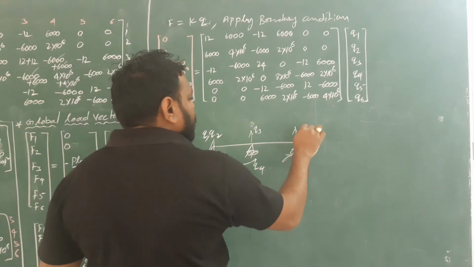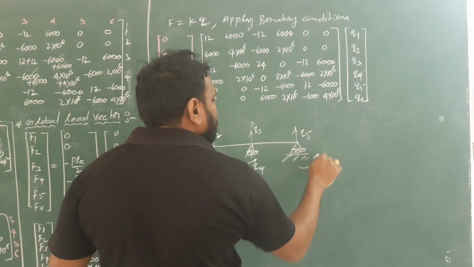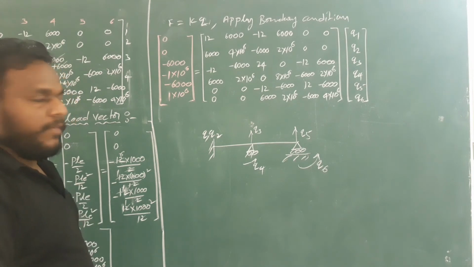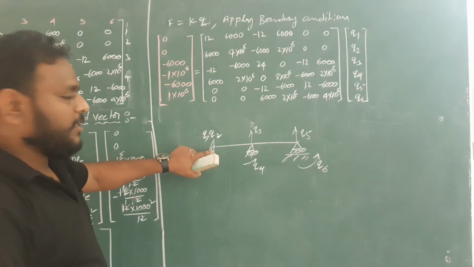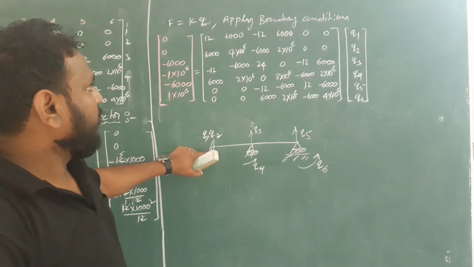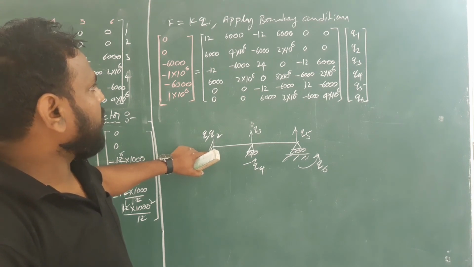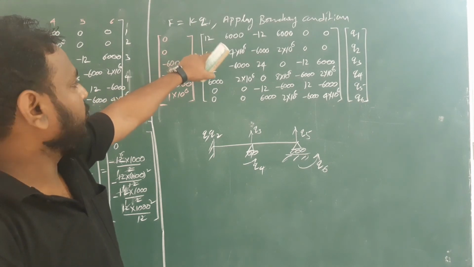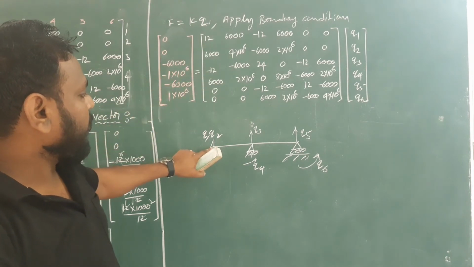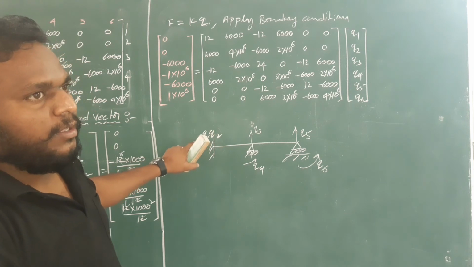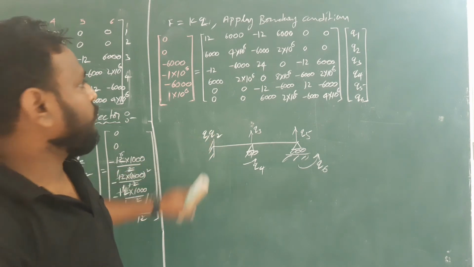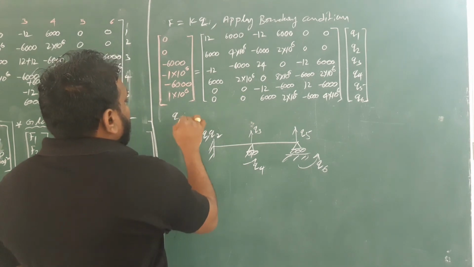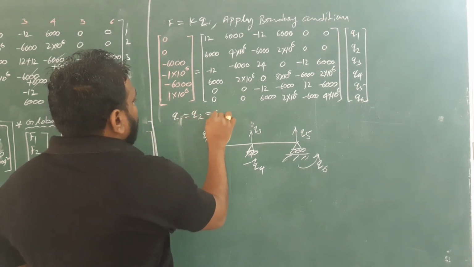Here vertical is Q5 and angular displacement is Q6, okay. There is no displacement at a fixed element, so boundary condition means, where the element is fixed at that node, the total displacement is 0, that is Q1, Q2 is 0. Q1 is equal to Q2 is equal to 0.